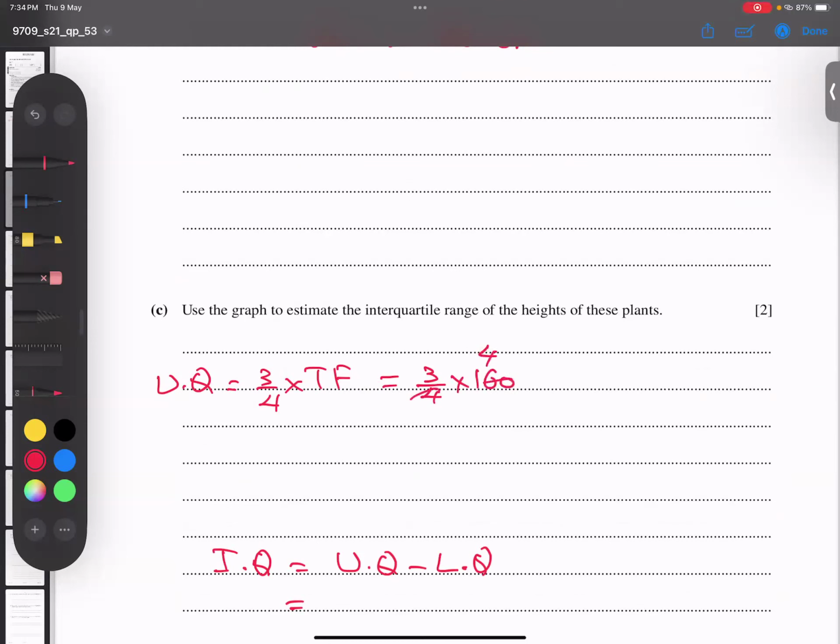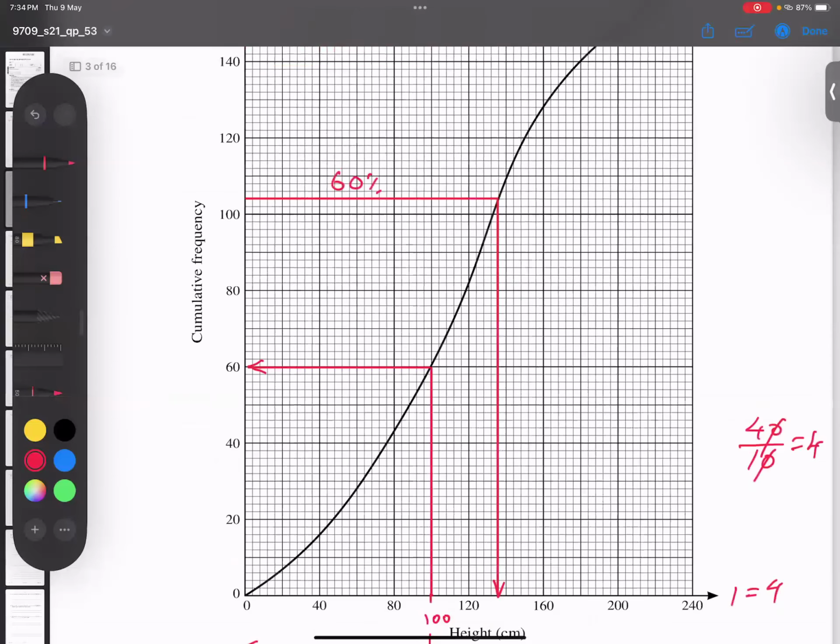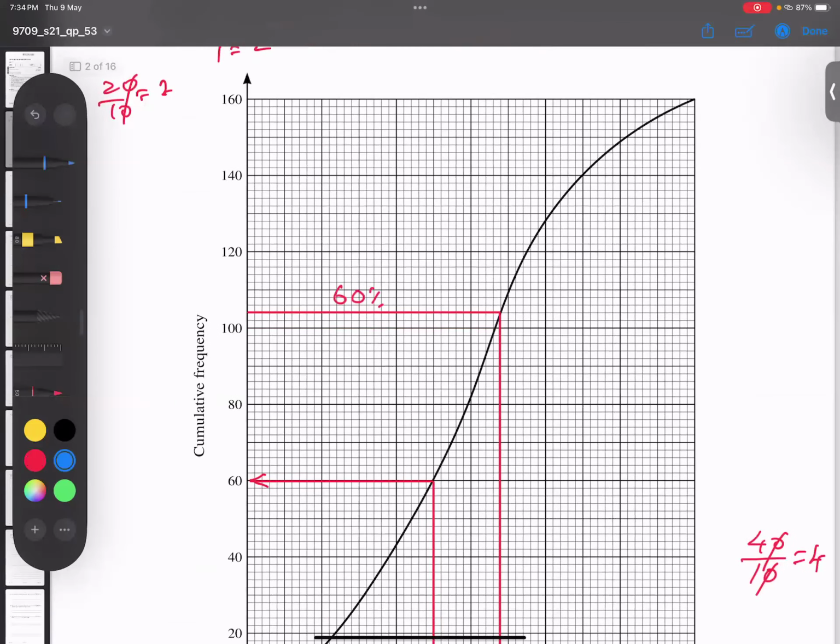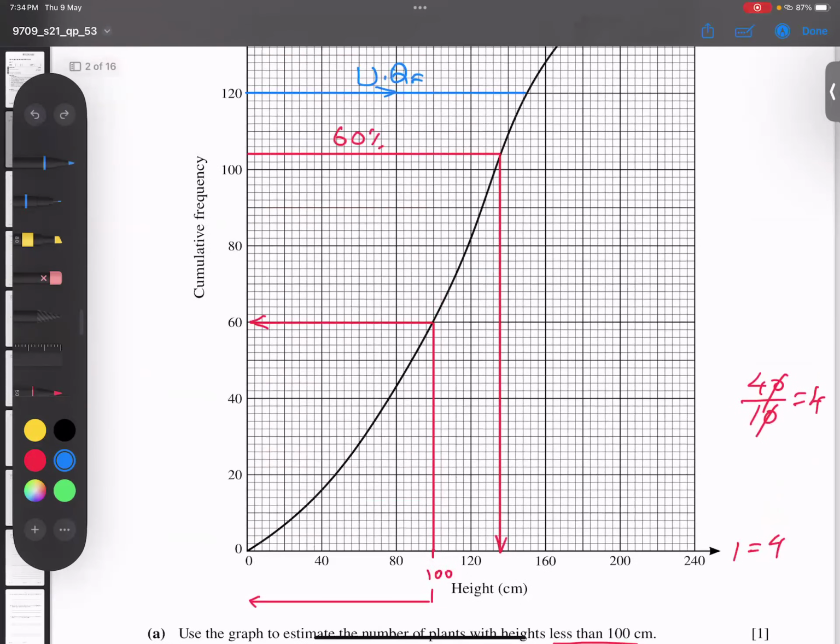This gives 120. Is 120 our answer? Not at all. 120 is a pointer. I show you the blue color lines meeting here. This is called the upper quartile. It is meeting in the middle of the box. You know one box is 4.